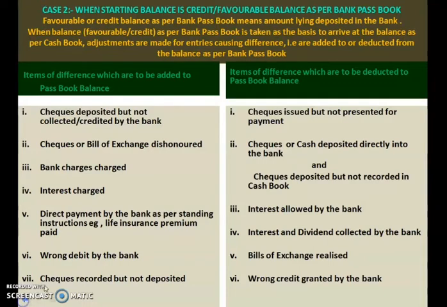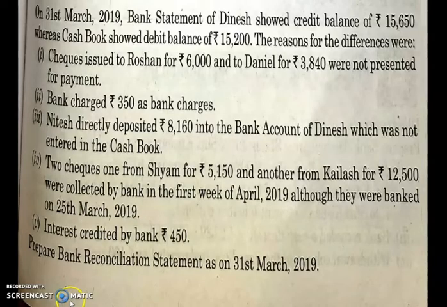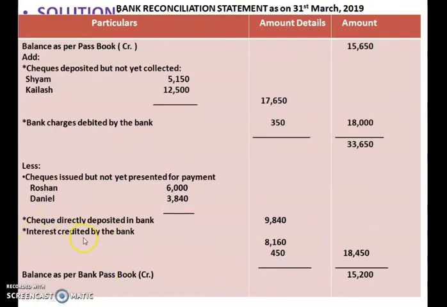If you look into the format, interest credited by the bank, you are supposed to subtract it. In the cash book you added it, but in the passbook you have to subtract it. So interest credited by bank, you have to subtract 450.